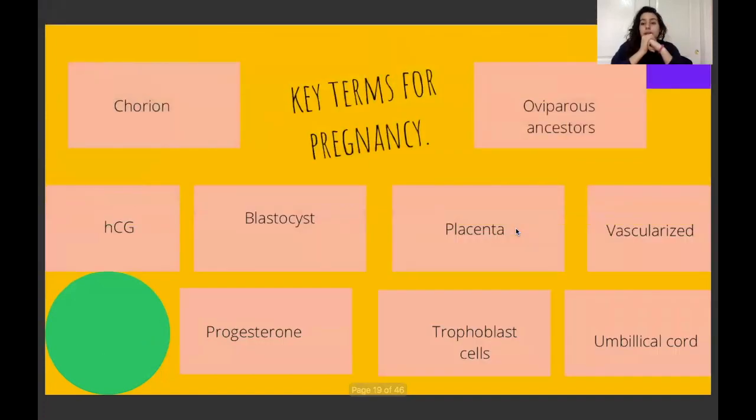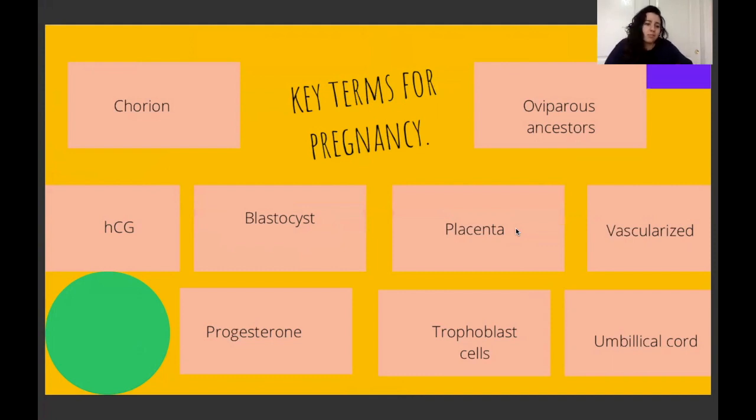Okay. So key terms for pregnancy. You guys are probably going to hate me for this because there's a whole buttload of them. Also, I'm really bad at pronouncing all of these, so this is going to be interesting. But you should definitely write down the key terms that you're not very familiar with, and then go back and really sit down with them, do whatever you need to thoroughly understand them.